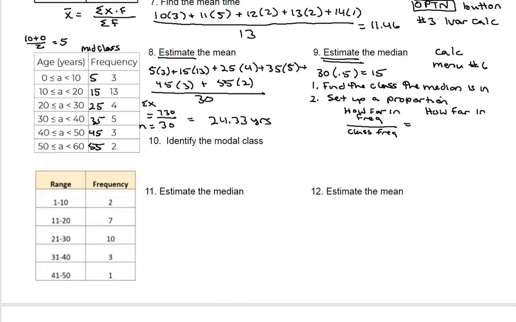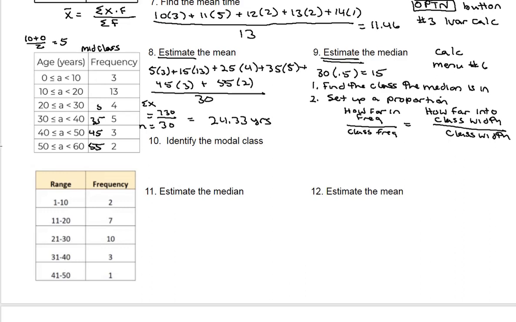Now the class starts off at 10, and we want to know how far it goes into the class, between 10 and 20. And so we need to know how many it goes into that class, and we're going to divide that by the class width. So basically it's how far I go into the frequency divided by the total frequency, and that should equal how far I go into the class width divided by the class width.